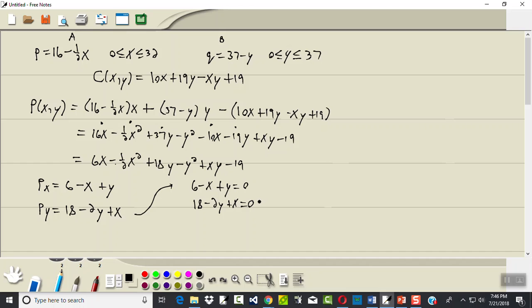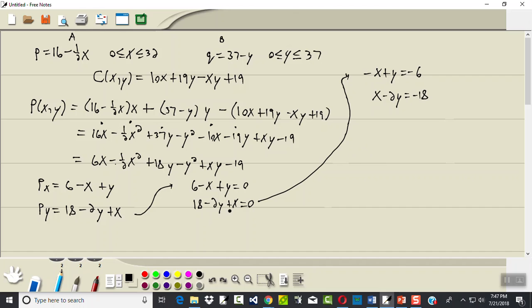Now I'm going to get all the variables on one side and numbers on the other side. So here I'll take the 6 over. So we've got negative x plus y is equal to negative 6. Here I'll take the 18 over. Now rearrange it. So x is first, minus 2y, and I took the 18 over, so it becomes a negative 18.